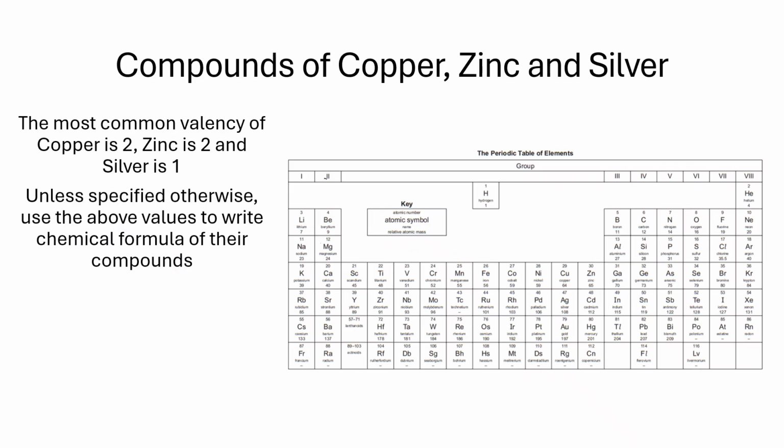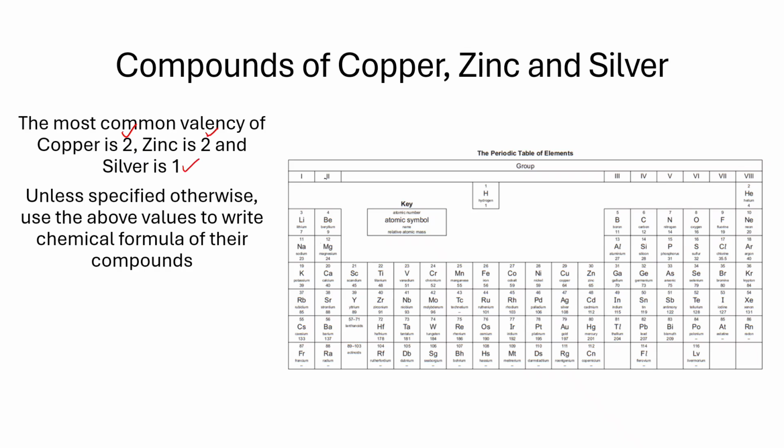Now let's make a note of some transition metals which are known to show very common specific valencies. So the most common valency that copper shows in its compounds is 2, zinc is also 2 and silver is 1.